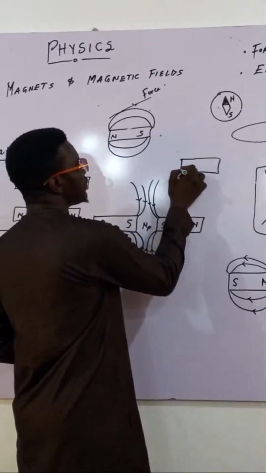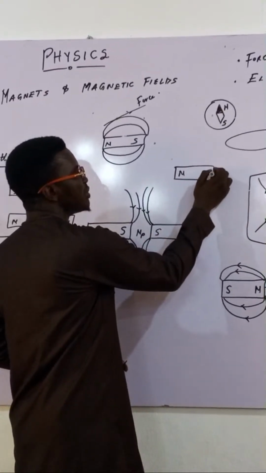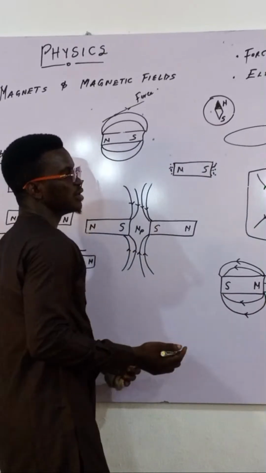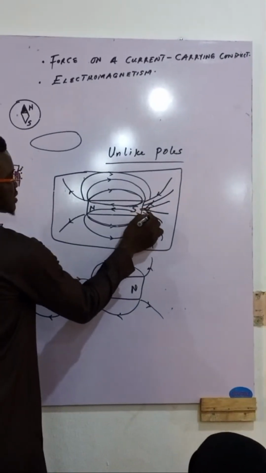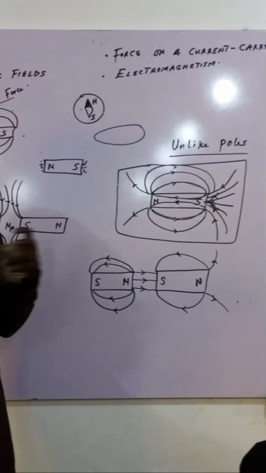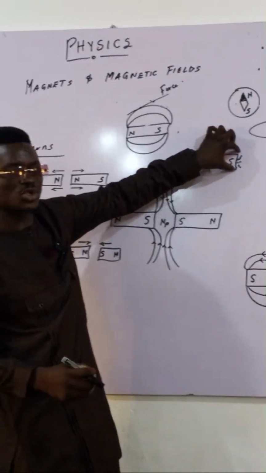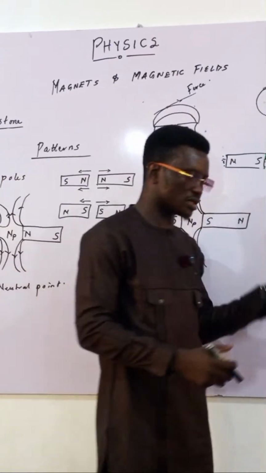I said if I pour iron filings, there will be a lot of them around here. That shows that it is stronger there. And if you check this one, you see that there will be a lot of lines. So where the lines are concentrated, it shows that it's stronger. So the magnetic strength is always stronger at the poles. Do you get that? They can ask you that too.